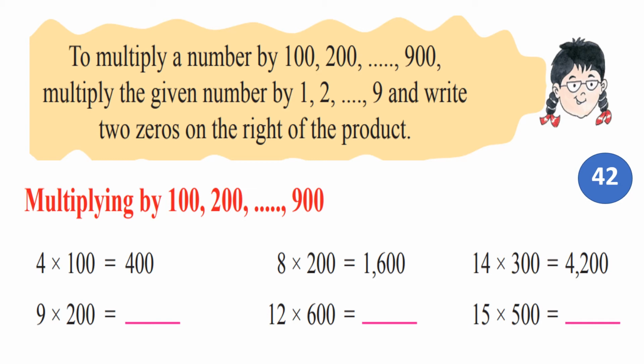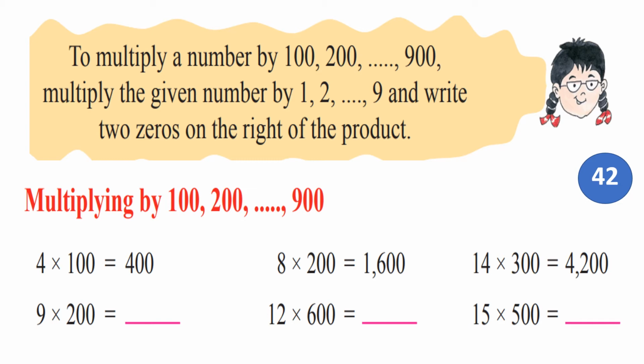Here is 8 times 200. You write 2 zeros on the right because that is 200. Then you multiply 2 times 8. 2 times 8 is 16. And then you have 2 zeros. The answer is 1600.